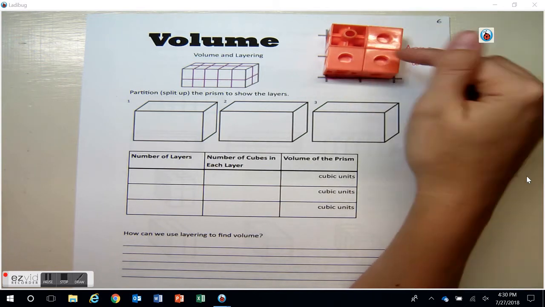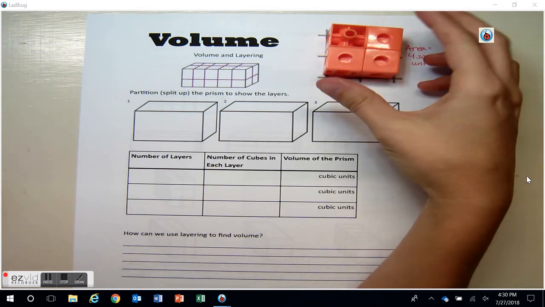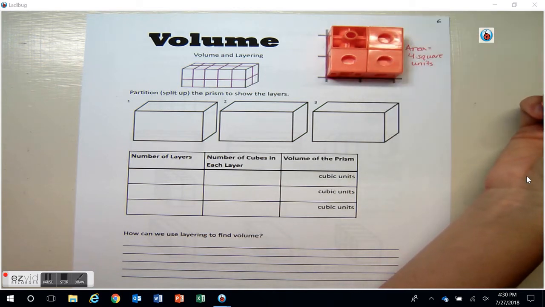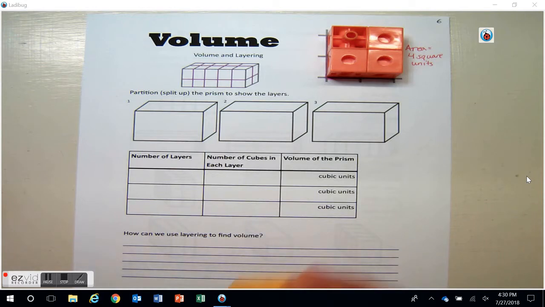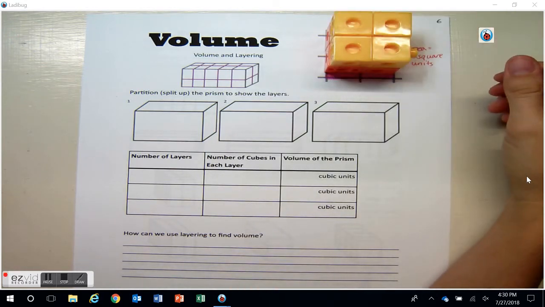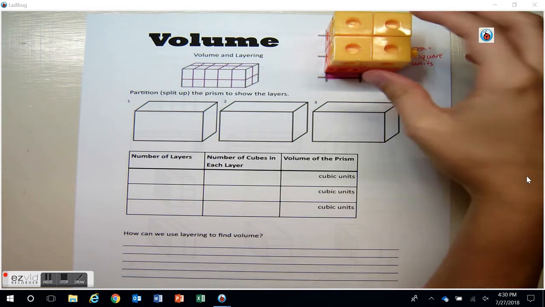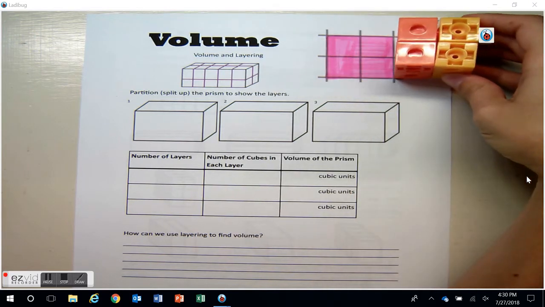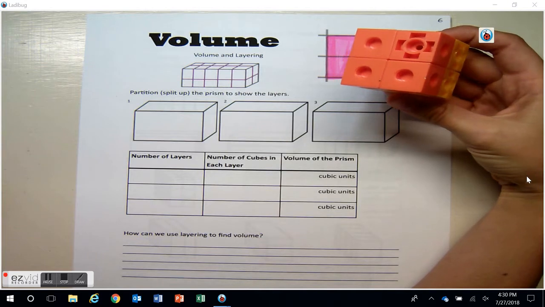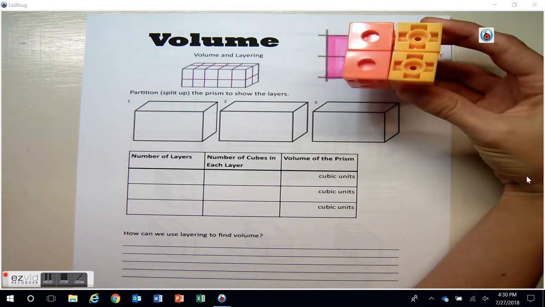So let's imagine that these 1, 2, 3, 4 cubes are the ground floor of a building. Well, what if I decided to put a second floor on that building? Did I change the ground floor? No, that ground floor has 4 cubes still.